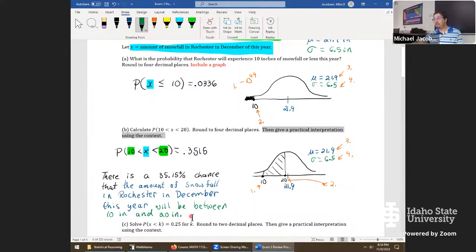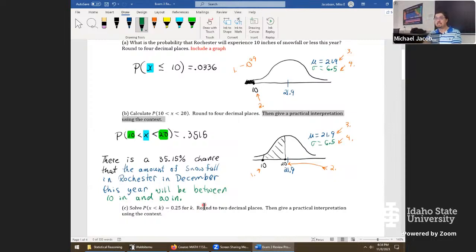So a significant chance of doing quite a lot of work in December. Well, any questions, folks, on the conclusion of this one here?